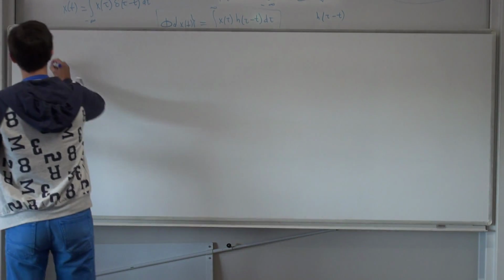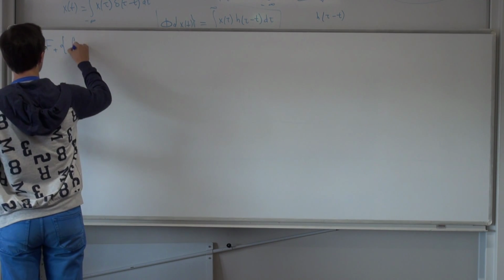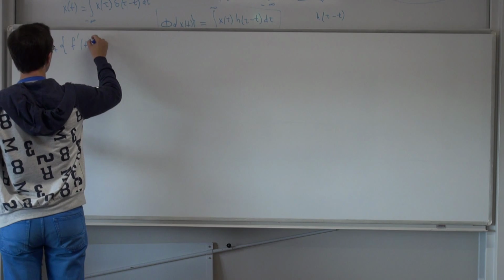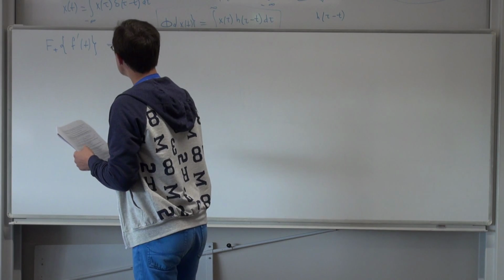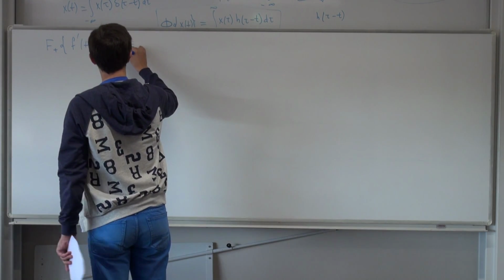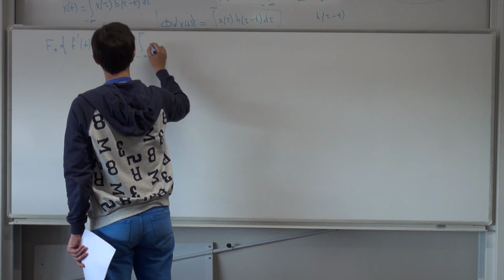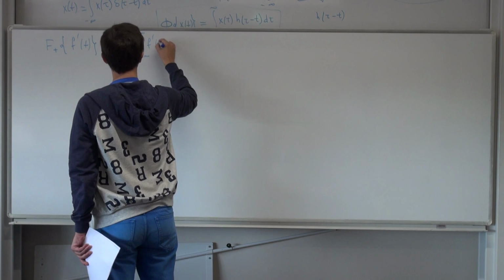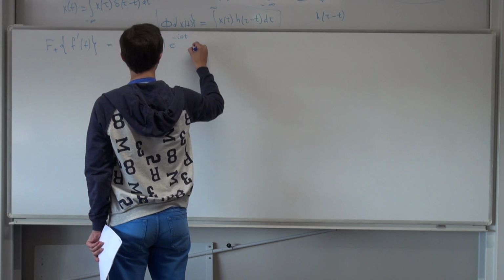So, let's say we've got the Fourier transform applied to f prime of t, otherwise known as df by dt. So, 1 over root 2 pi, integral from minus infinity to infinity, f prime of t e to the minus i omega t dt.